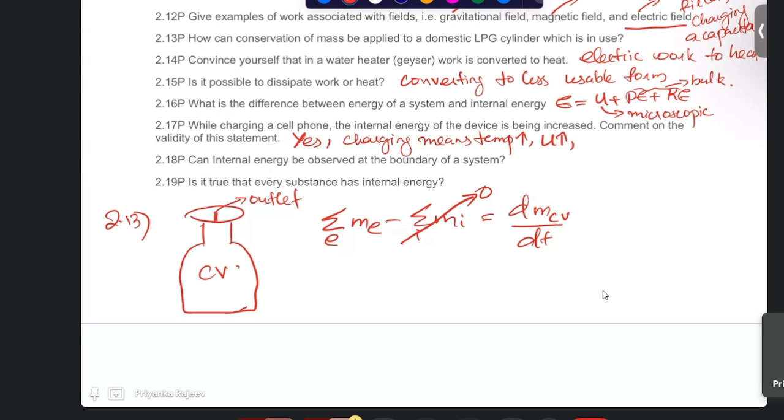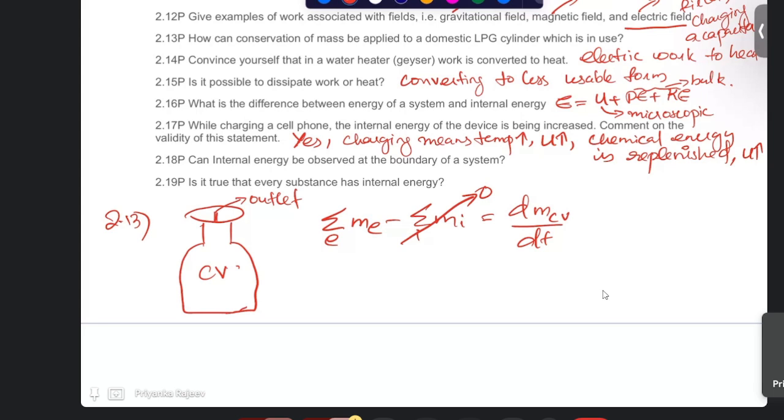Another way of looking at it is that chemical energy is replenished. So that means you are increasing U again. Chemical energy replenished means internal energy is replenished. So yes, while charging a cell phone, internal energy of the system is increased.